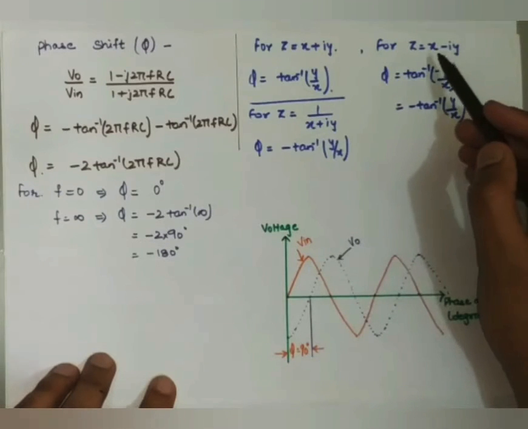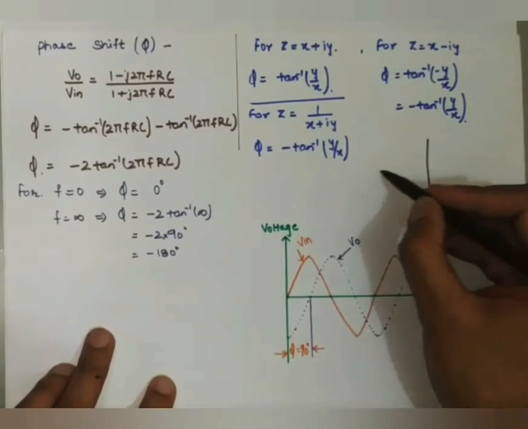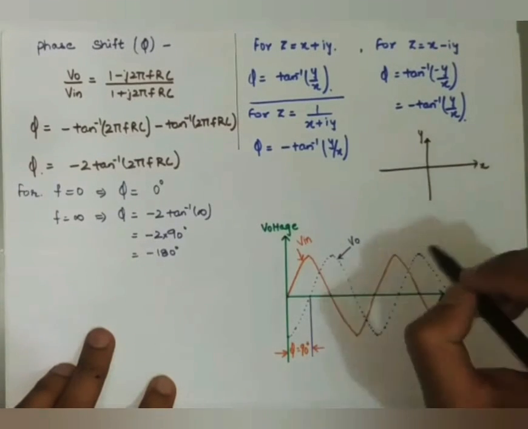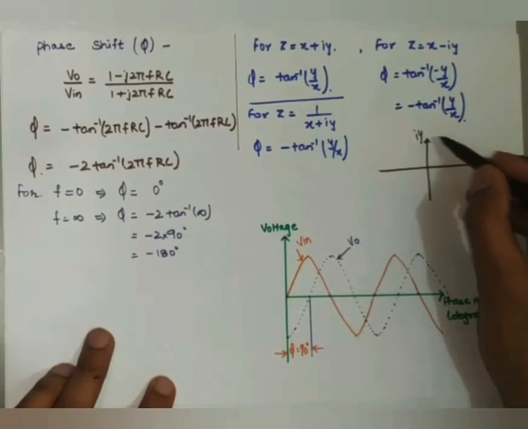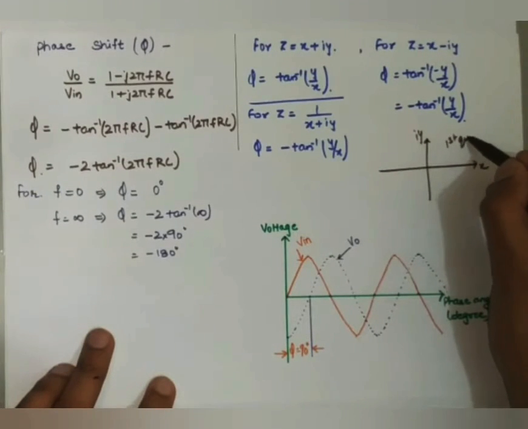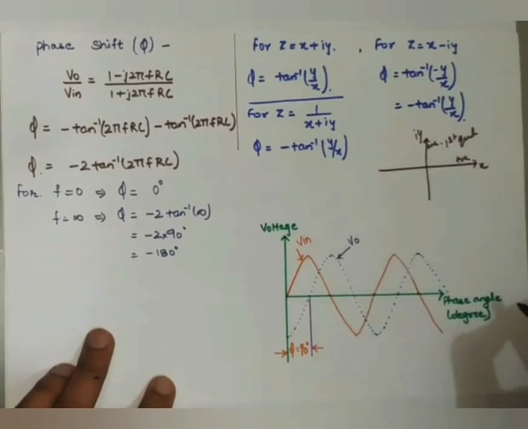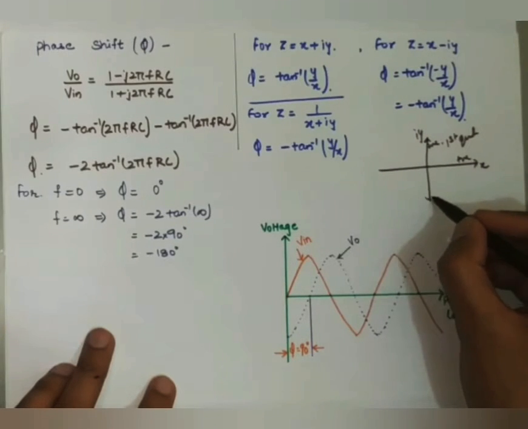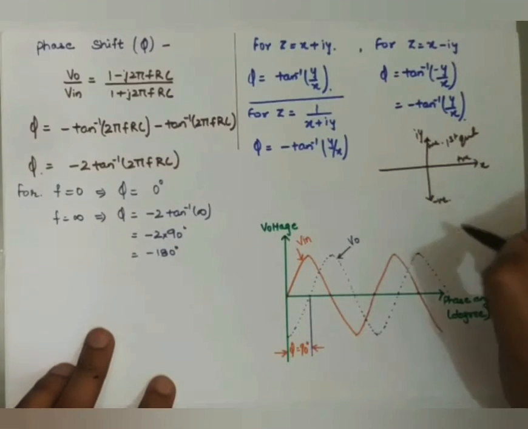Now when I talk about z equal to x minus iota y, the real term is positive but the imaginary term is negative. It means I am talking about the fourth quadrant, where x is positive and y is negative.